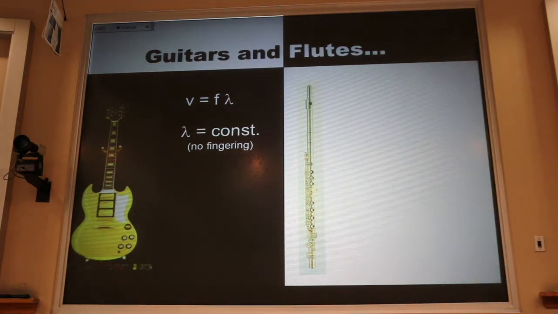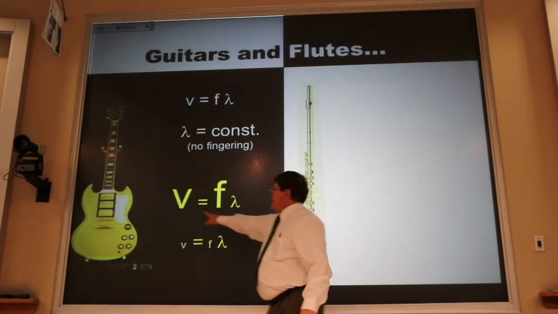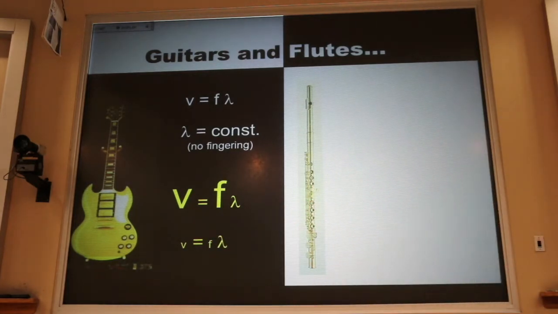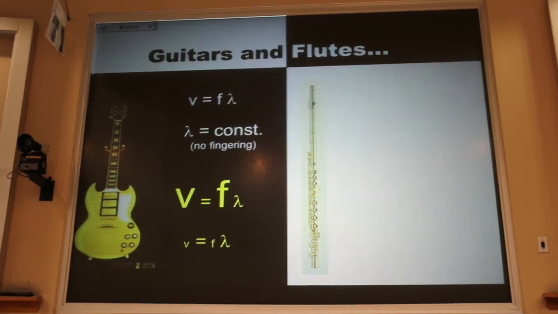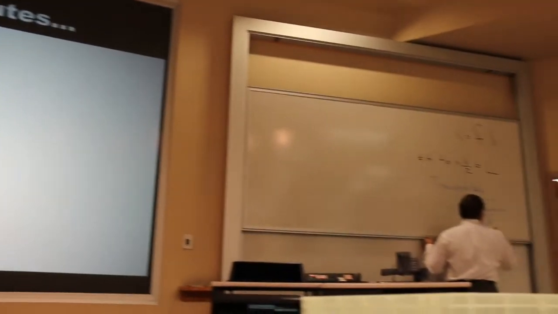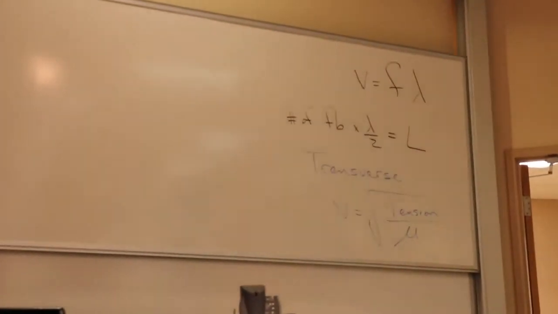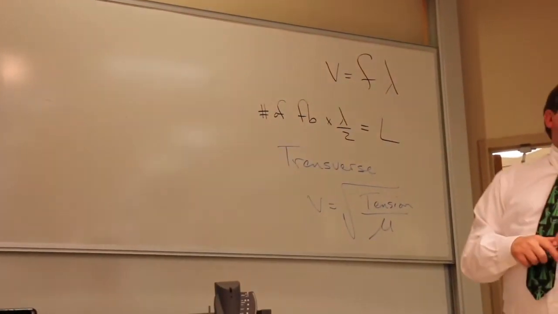So that means the only way I can change the frequency is to change the speed of waves on that string. Now, for a transverse pulse or wave, we have this formula. Now, this mass density is just how much mass you have per unit of length on that string.